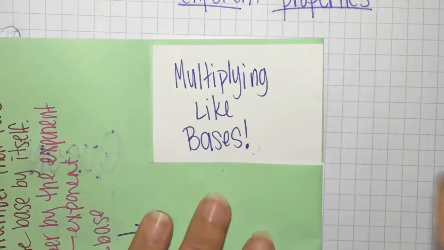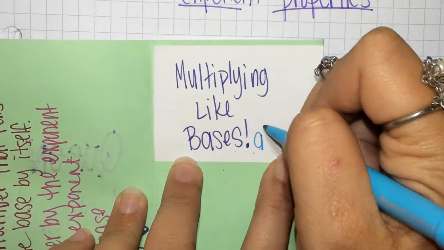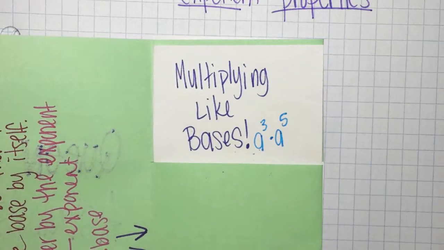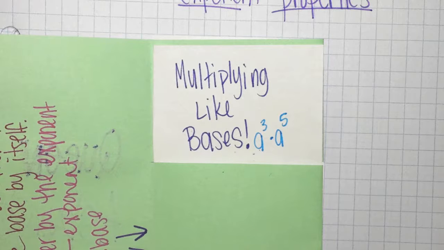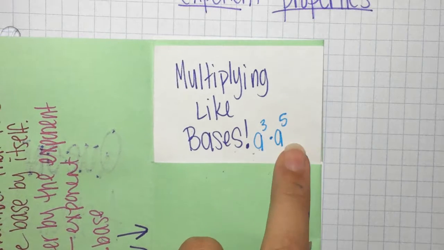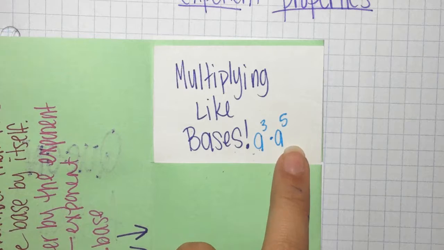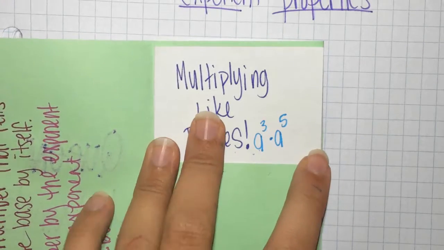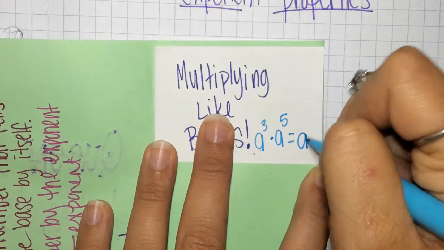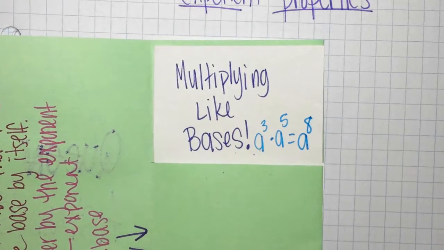Oh, okay. Alright, so that would be like if I said a cubed times a to the 5th power. If I have 3 a's here and I have 5 a's here, you would add them together, and you would get a to the 8th.